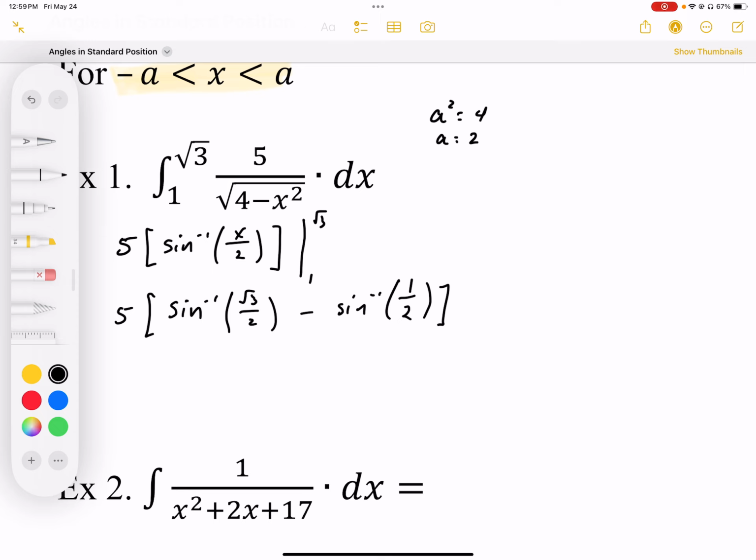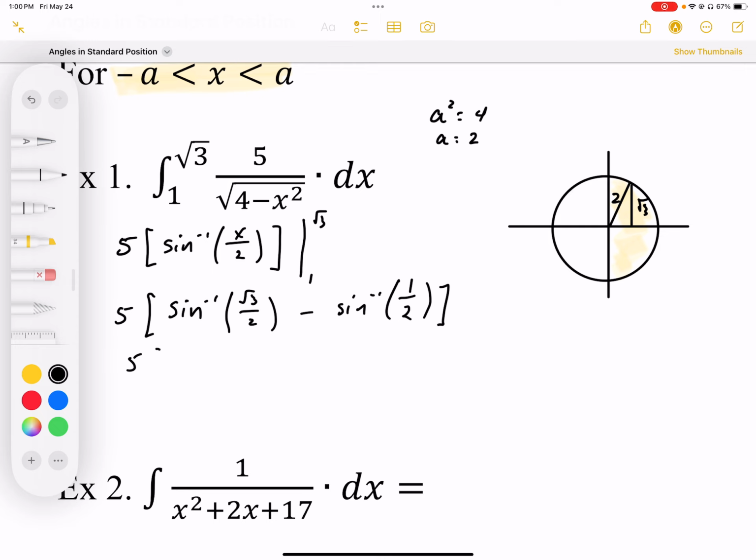Okay, just remembering our circle. So root 3 over 2, arcsine, remember that it's only defined in these quadrants, so I can only use those angles. So root 3 over 2 is going to be our 60-degree angle.